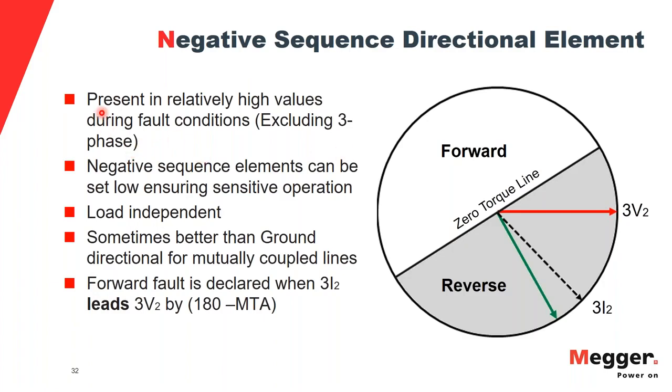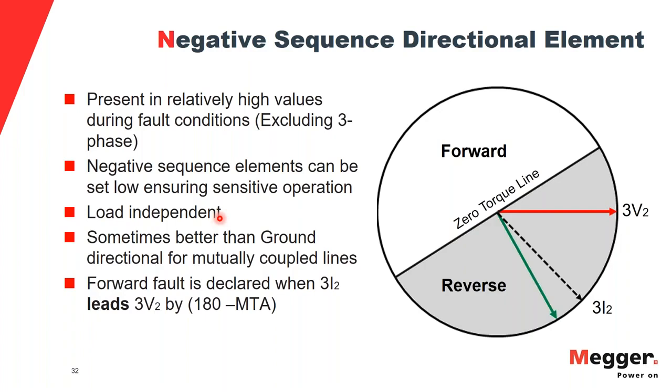So the key thing here is, in case of a fault condition that I explained, a phase-to-phase fault or a phase-to-neutral fault, these negative sequence values are present in relatively high numbers. So you can set your elements at a lower value, ensuring sensitivity. These negative sequence elements are also load independent.